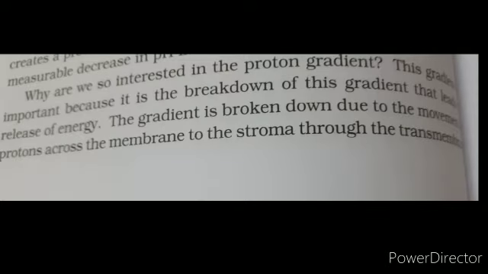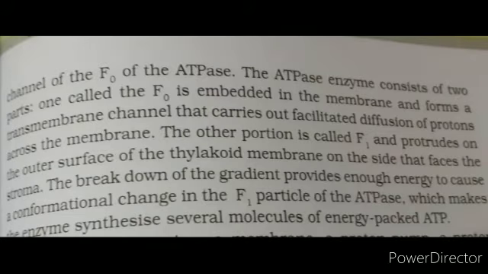This gradient is important because it is the breakdown of the gradient that leads to release of energy. The gradient is broken down due to movement of protons across the membrane to the stroma through the transmembrane channel of the F0 of the ATPase. The ATPase enzyme consists of two parts.